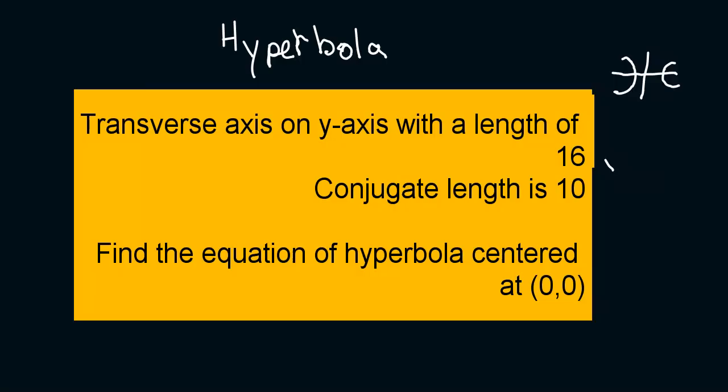It also means when I do my equation, y squared is going to come first. So it's going to be some y squared minus x squared, over something squared, over something squared.